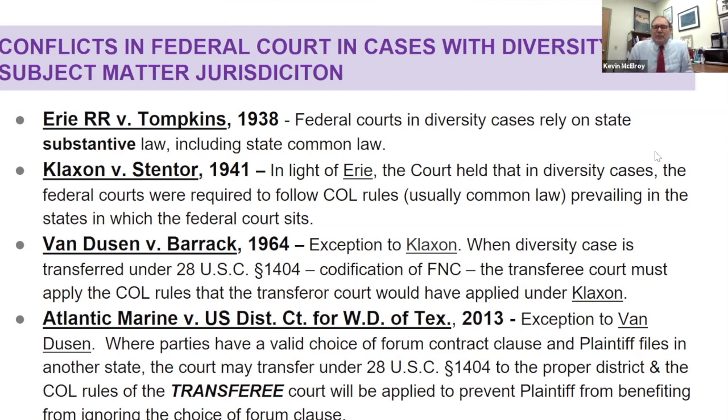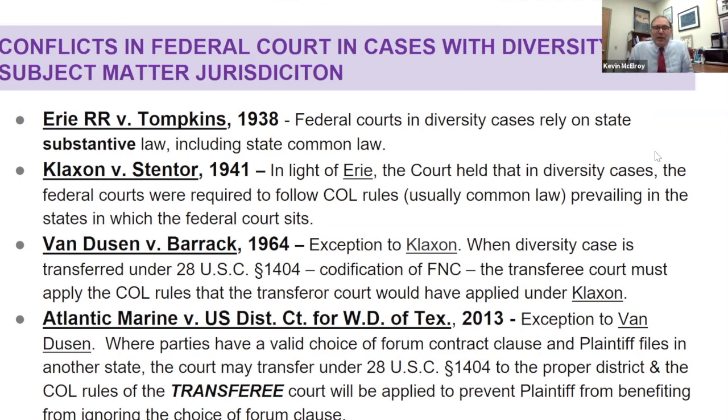So if you have a case that involves a contract with a choice of forum clause, okay, that says if there's a lawsuit arising out of this, it'll be brought in Pennsylvania. And it's brought in New York.